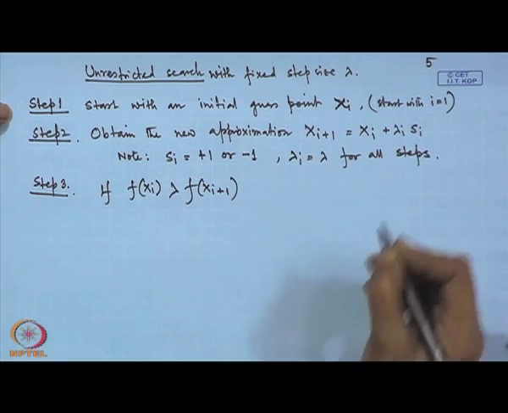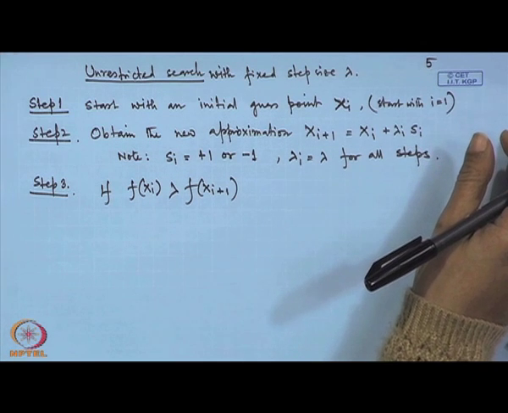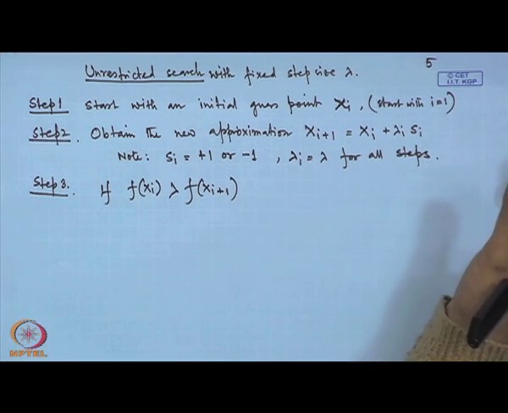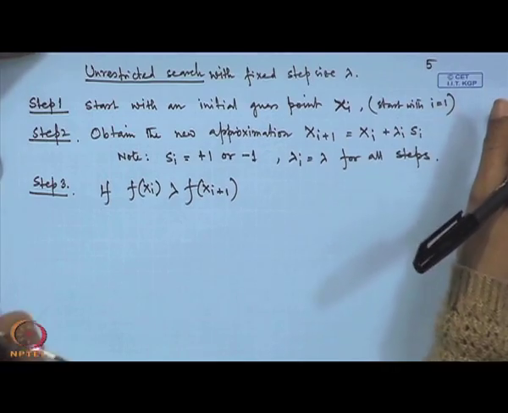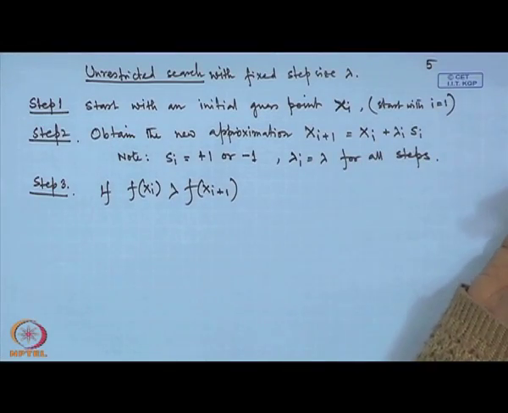If f(xi) is greater than f(xi+1), that means we are getting better functional value. Since we are considering the minimization problem, we will prefer the lesser functional value. That is why xi+1 is most preferable for me, and we will just move to the next step with si is equal to plus 1.